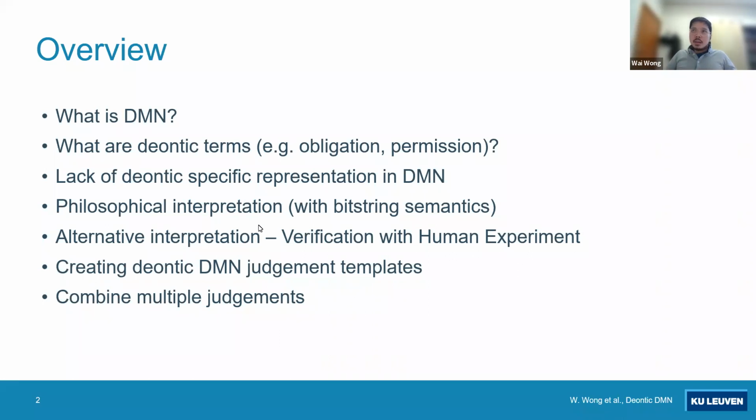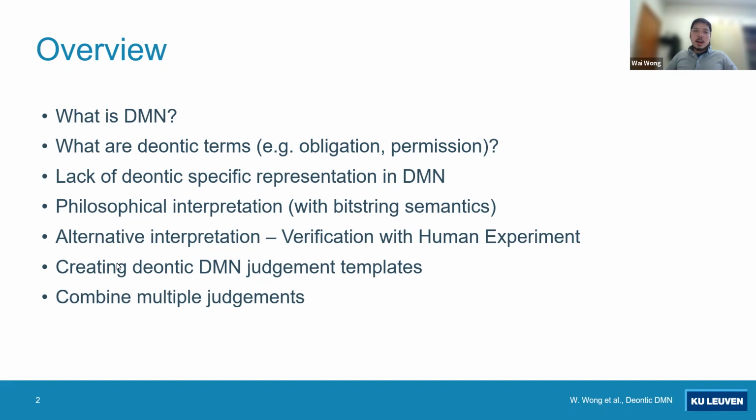So at the end of the day, we probably need to do some verification with a human experiment to see which kind of interpretation would actually work, and make it more usable to the human user and the domain expert.